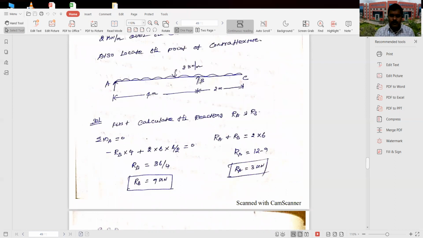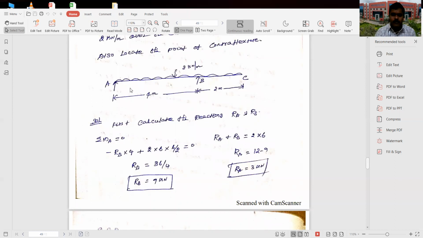When you consider the overhanging beam, these are the two supports. After these two supports, the beam is extended beyond the support, so it is called an overhanging beam. In between the supports, the bending moment value will be positive, but on the overhanging portion between B and C, it will be negative.